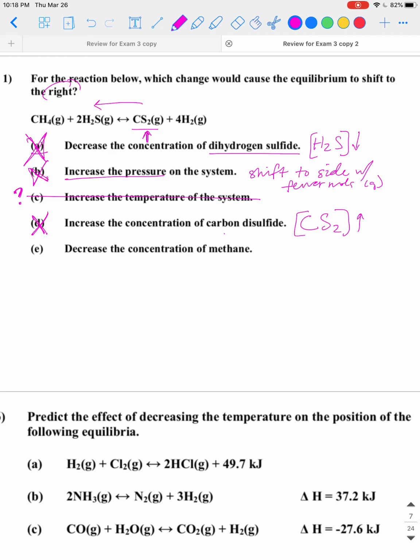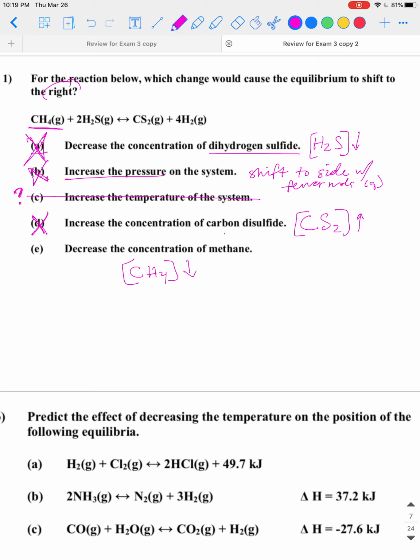If we decrease the concentration of methane, methane is CH4, so we are taking the concentration of it and decreasing it. Methane is a reactant here. If we decrease the concentration of methane, that means we are, I never erased from the previous problem.